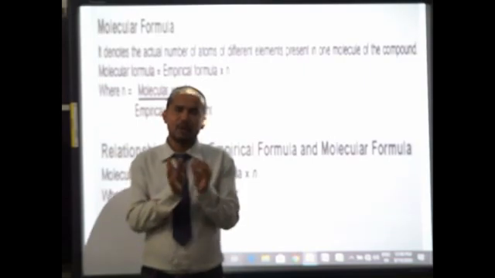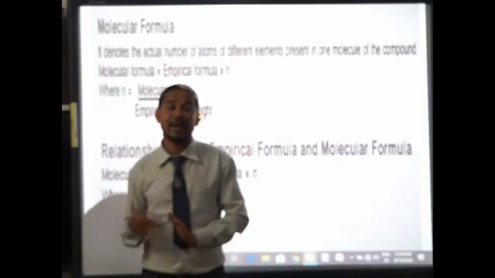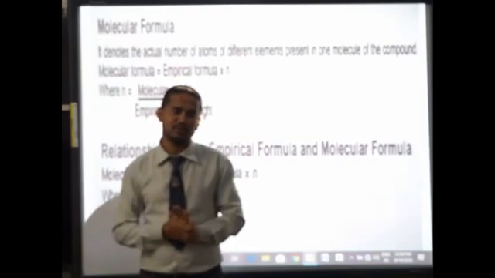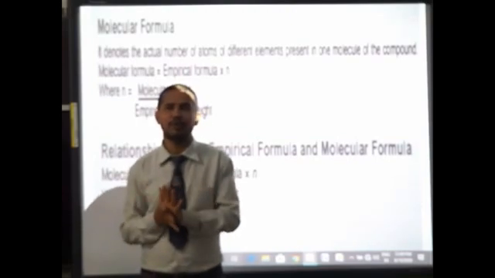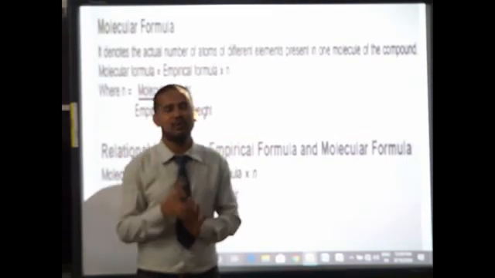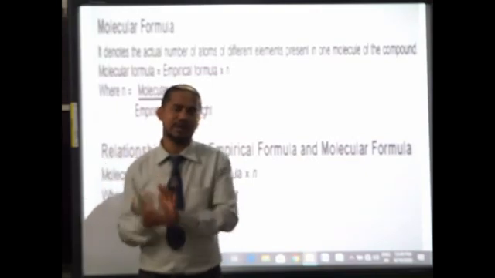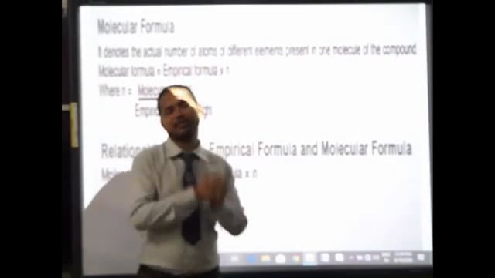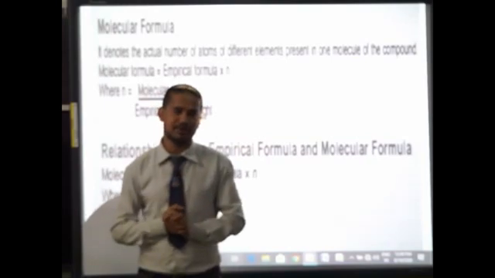And then 22.4 liters of any gas contains Avogadro's number of molecules. So that becomes its molar volume. The molar volume, 22.4 liters, is the volume of 1 mole of a particular gas.